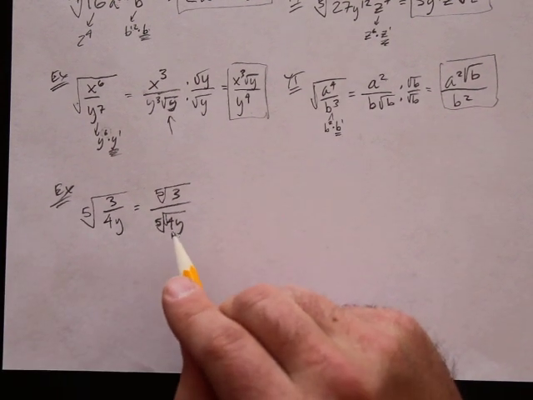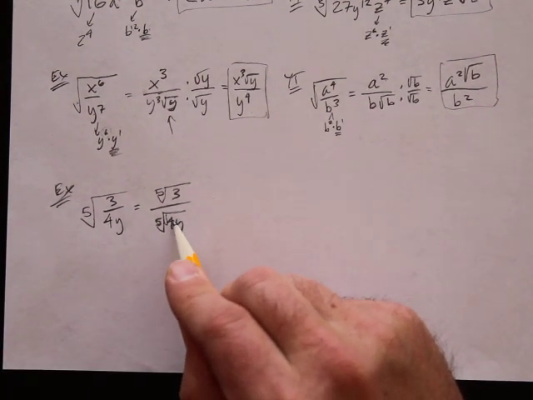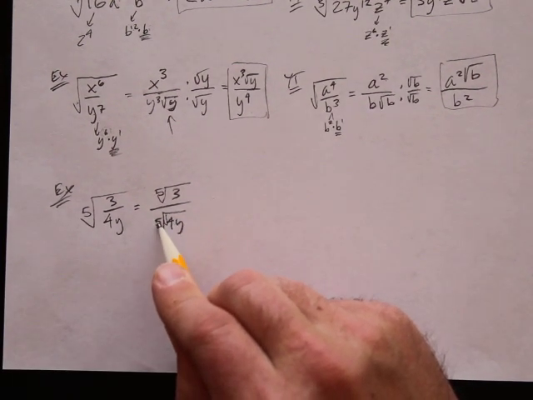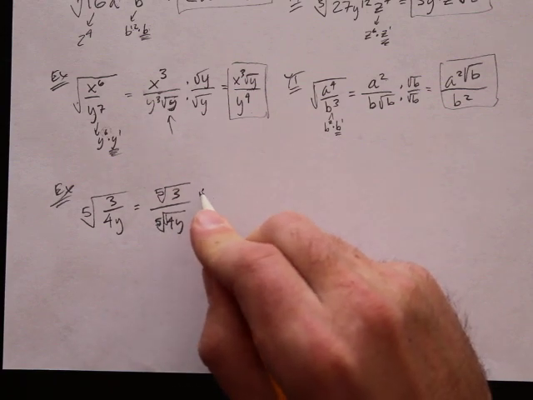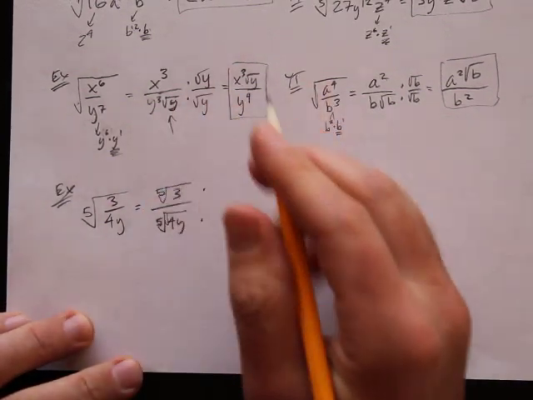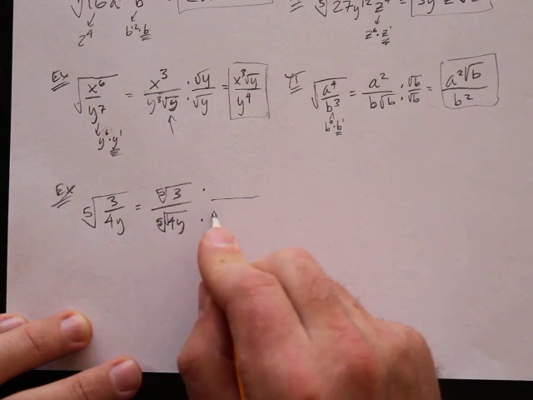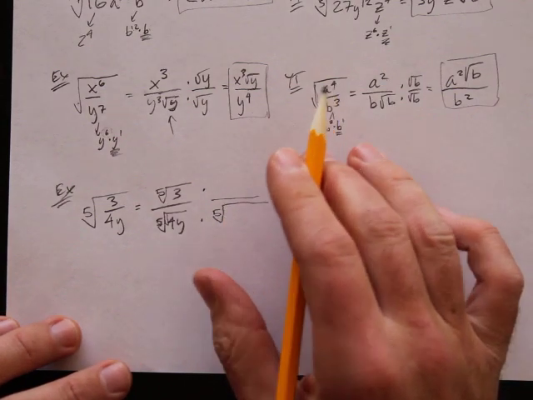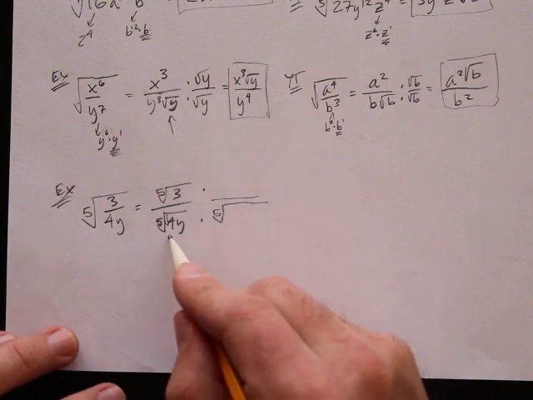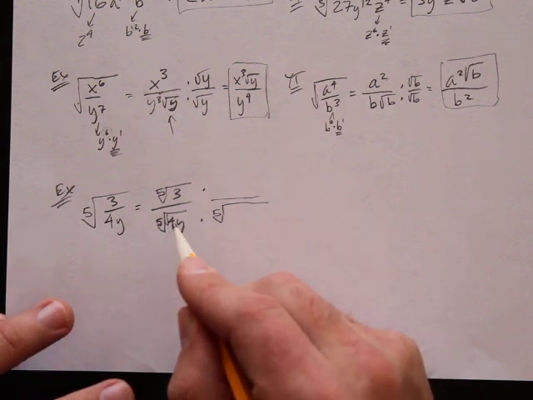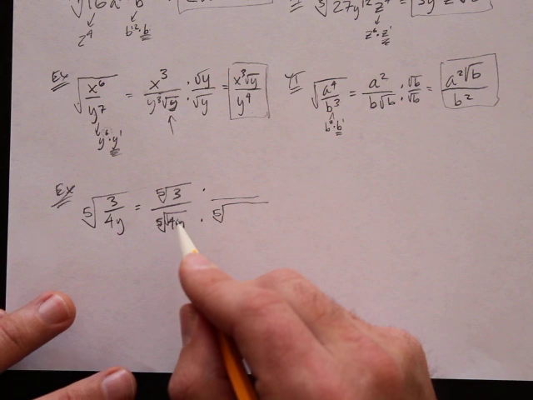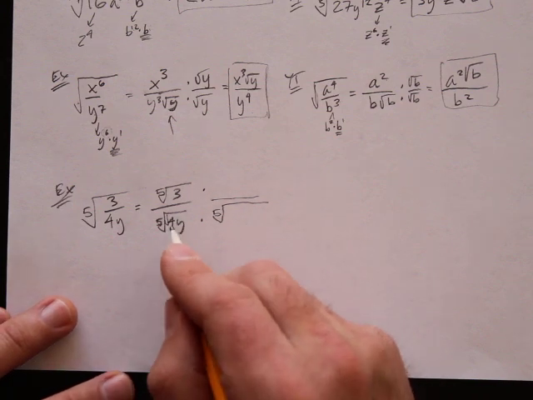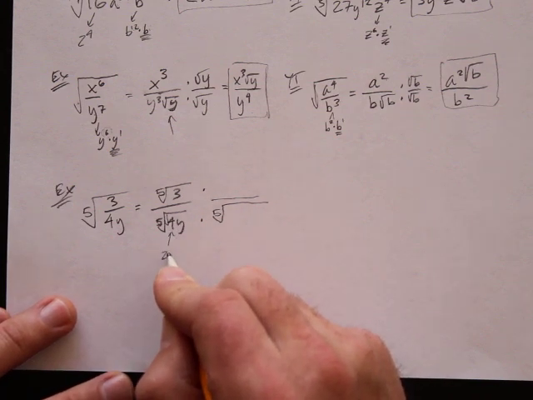So I've got to think, what do I multiply by this to get this fifth root out of here? So let's multiply here. I'm going to multiply by the fifth root of, now I'm going to, there's a couple ways to do this, but I'll do it this way. So let's say this is 2 squared.